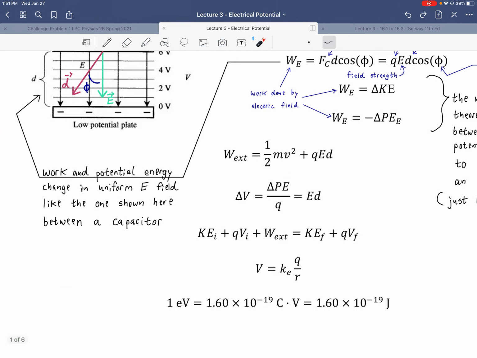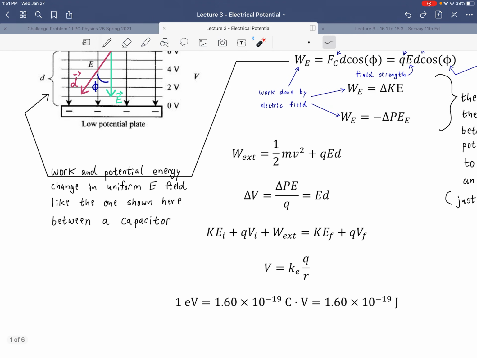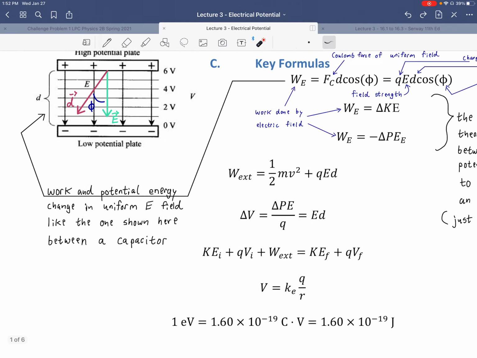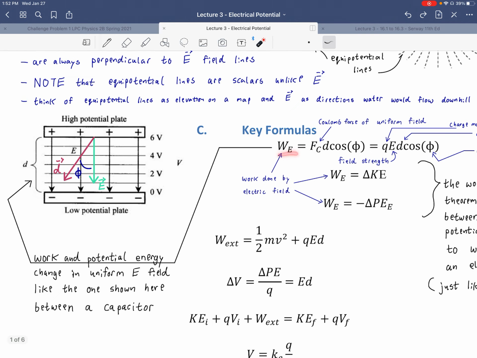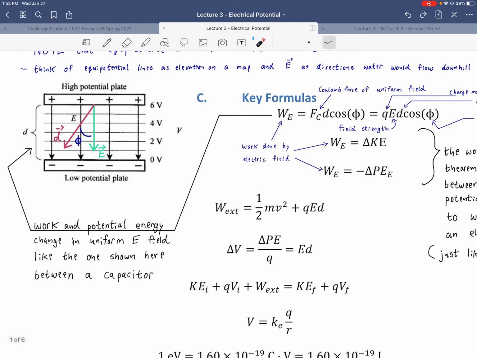Now, two more equations down here. Because up to this point, notice we've been talking about energy a lot, potential energy, work, of course, being a form of energy, but we have not talked about voltage, despite making a big deal about defining it a moment ago. But we're getting there.